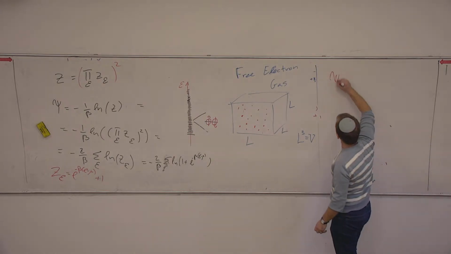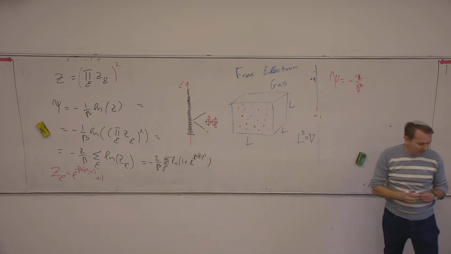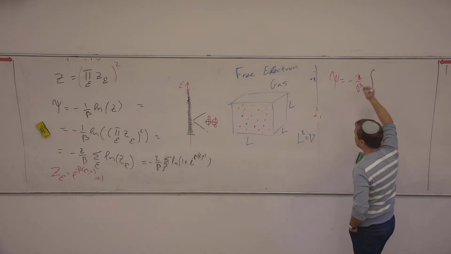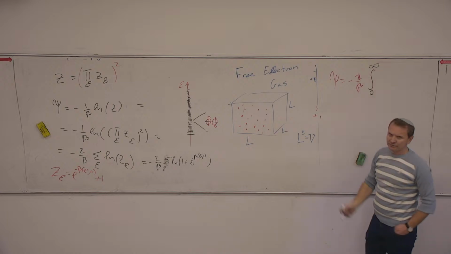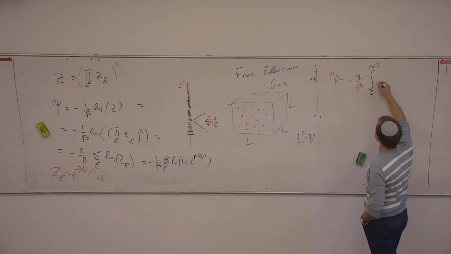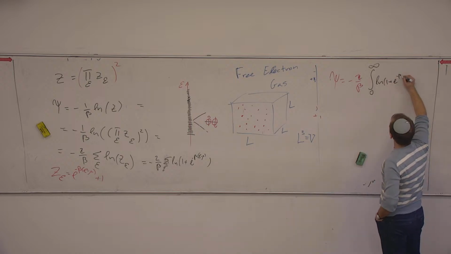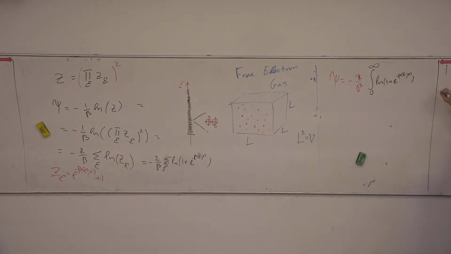So psi equals -2 divided by beta, and I have an integral that will start from 0 and end up at infinity. Okay, and here I'm going to have a log of 1 plus e to the power minus beta epsilon minus mu. And I have the epsilon over here.